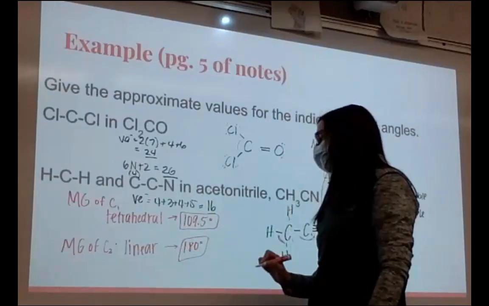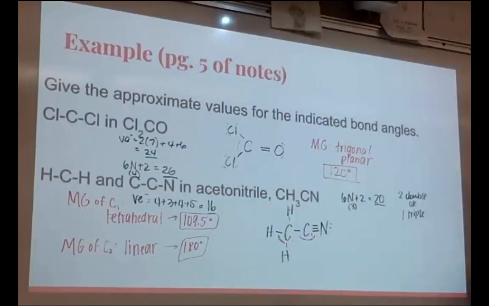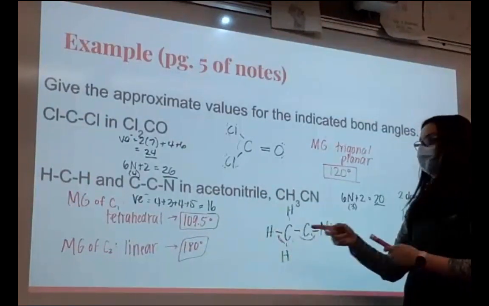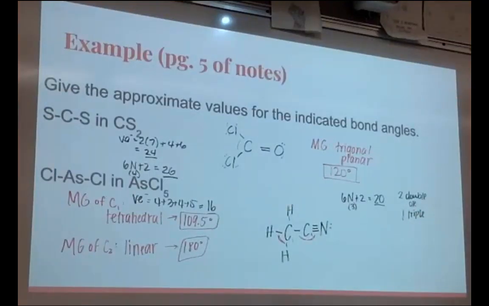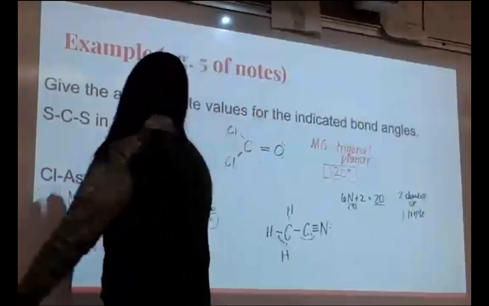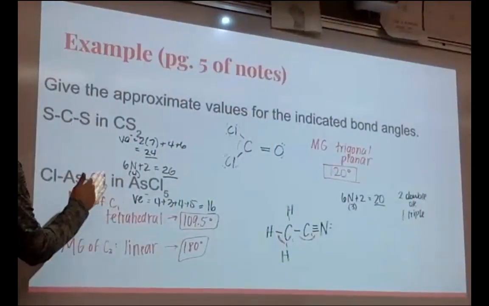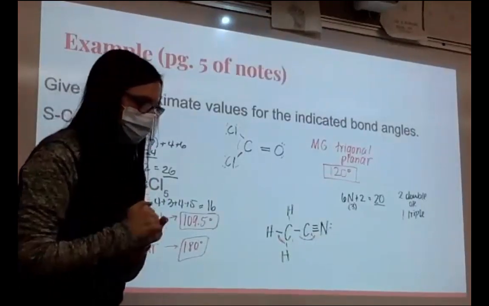So molecules can have different bond angles within the molecule. You're just looking around a certain central atom. So actually, see if you guys can go through CS2 and AsCl5.